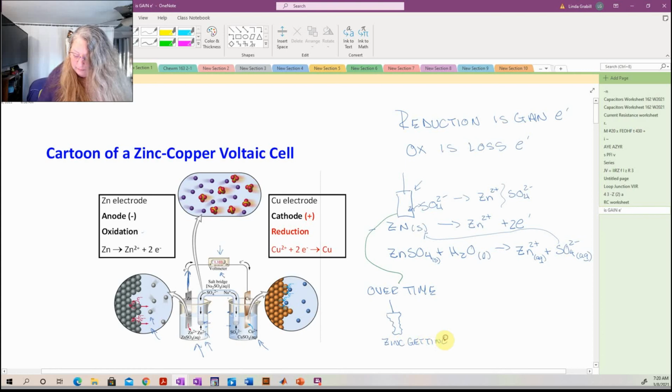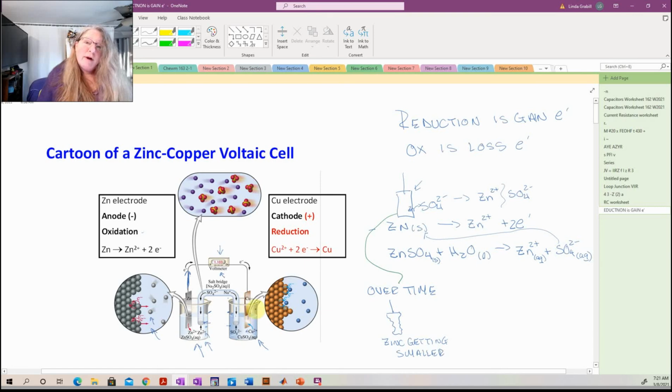What's happening on the right side is the opposite. My electrons are going to come in, and you can see here I am gaining electrons. I have these copper ions floating around in the solution, and all of a sudden these electrons come in and start filling up this bar.